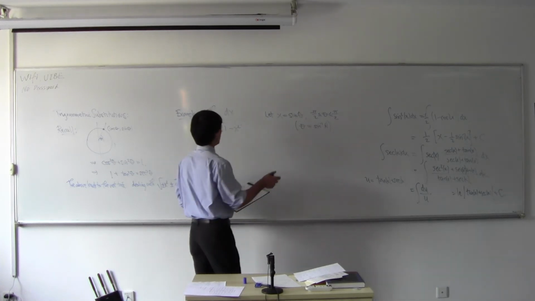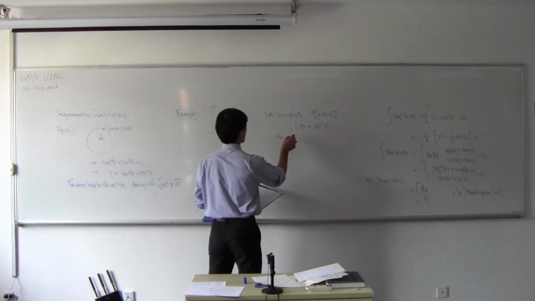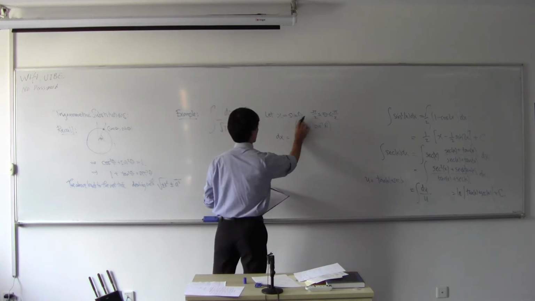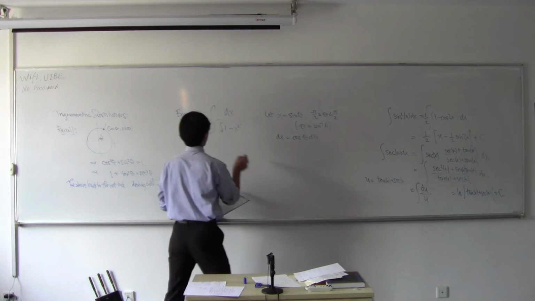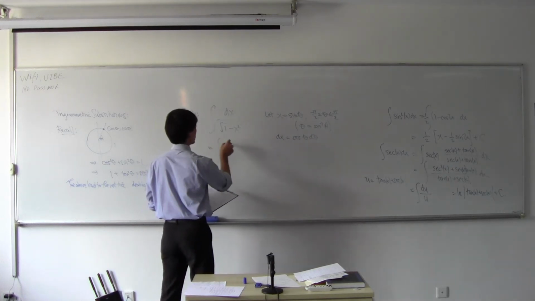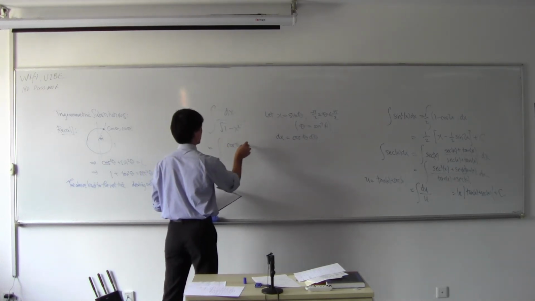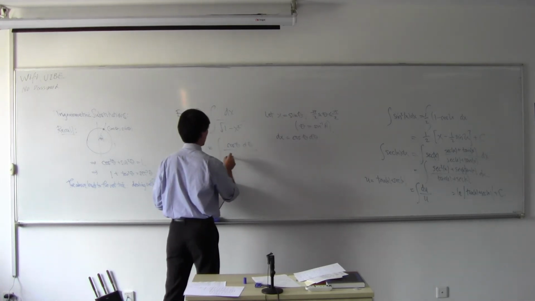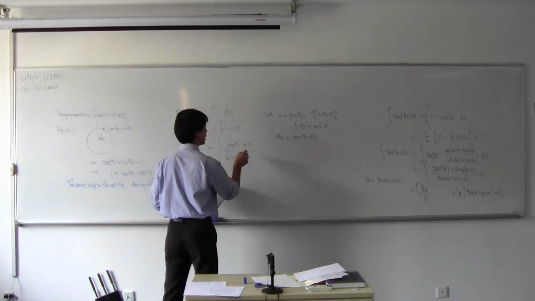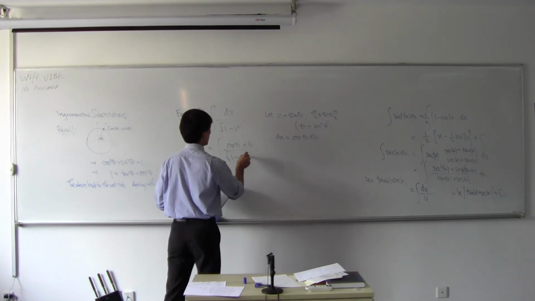So then dx is going to be cosine theta d theta, and we can rewrite this. Dx is cosine theta d theta, and then below we end up with 1 minus x squared. Well, that's 1 minus sine squared.